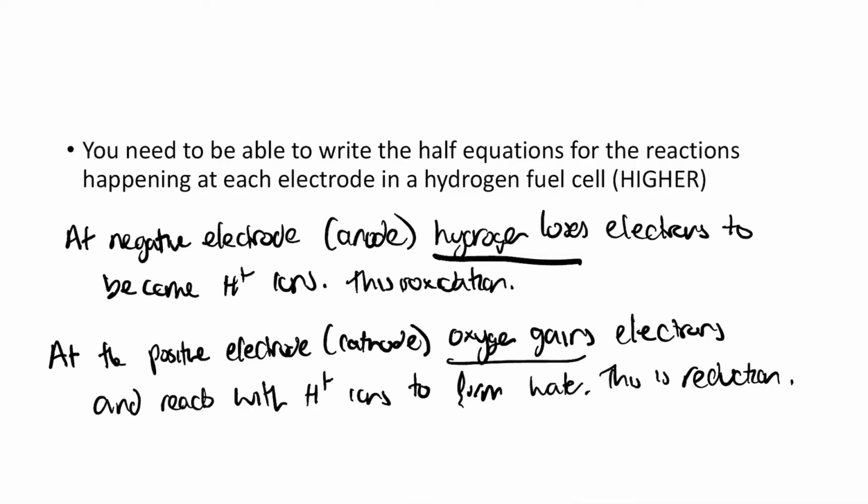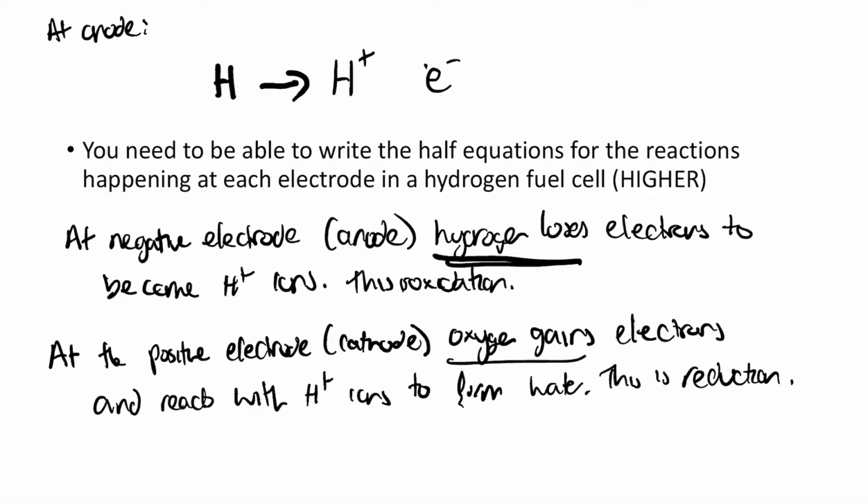Okay, now that helps us then to put together these half equations. So at the anode, we'll do the anode first, which is here. We said that hydrogen loses electrons to become H plus ions. So we know that an electron is going to be lost. An electron is a negative. And it's also going to form H plus ions.